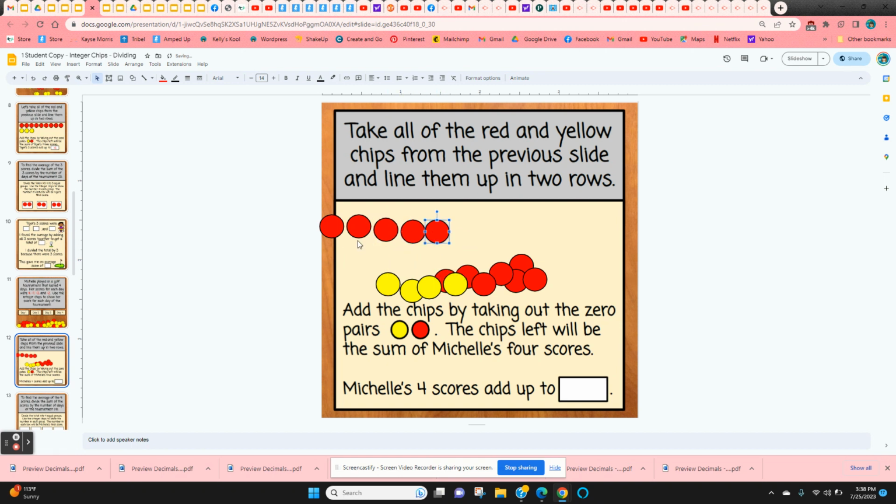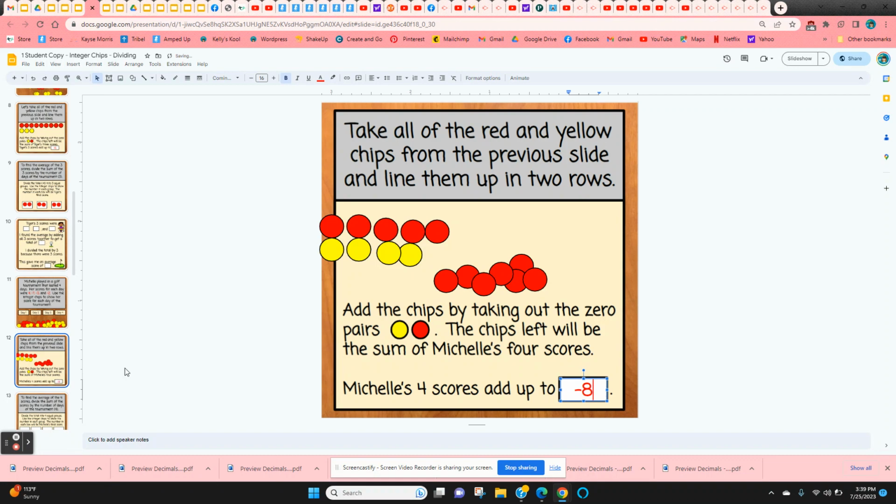So if they line these up, so it goes all the way across, there's 12 negatives and 4 positives. So here are the 0 pairs. What's left are all of these red chips that are not included here. And there should be 8 negative chips left over.